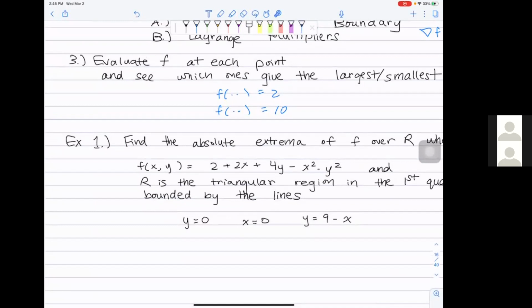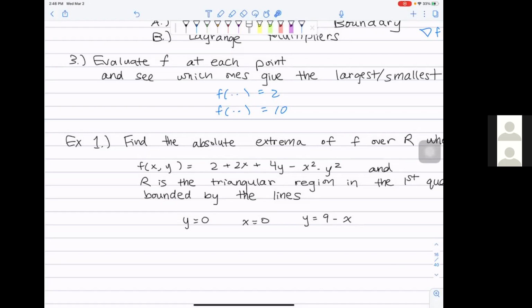So first, let's parameterize the y equals 0 line. We have our line, y equals 0. We need to parameterize it. So what is the domain of our line right now? The domain is x goes from 0 to 9.